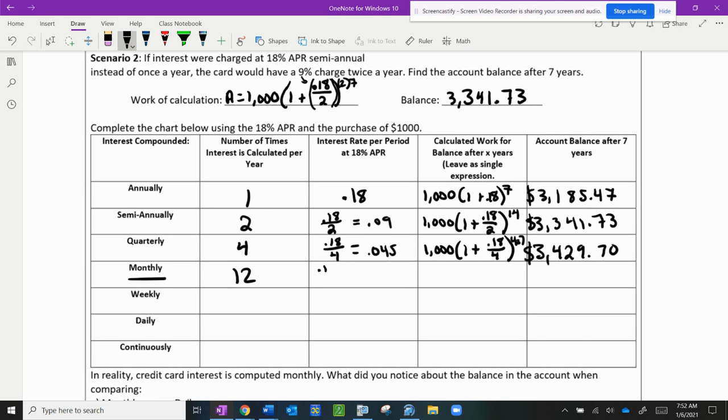And so I'm going to take 0.18, and that's my yearly interest, and I'm going to split it up into 12s. And I get 0.015.